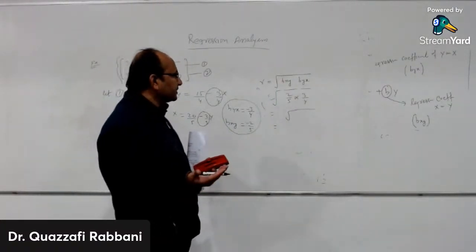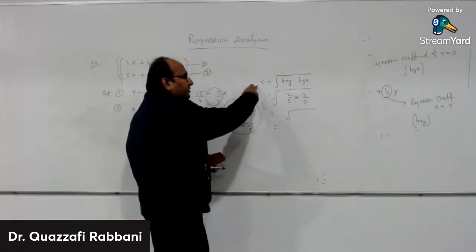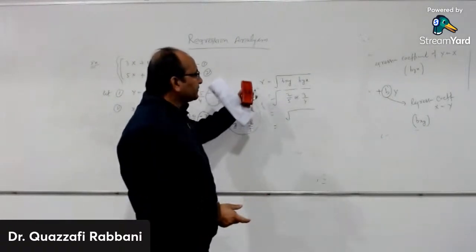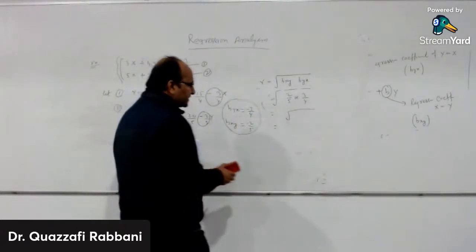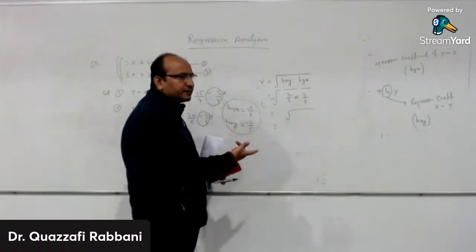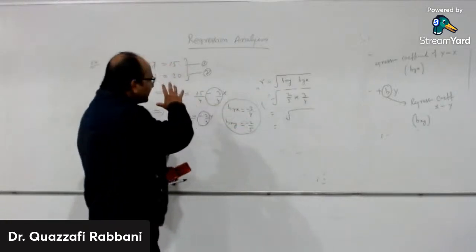So correlation may be negative or positive. If both the regression coefficients are negative, then the correlation will be negative. If both are positive, then the correlation will be positive. If one is negative and the other is positive, it may not be possible. It means there is something wrong.